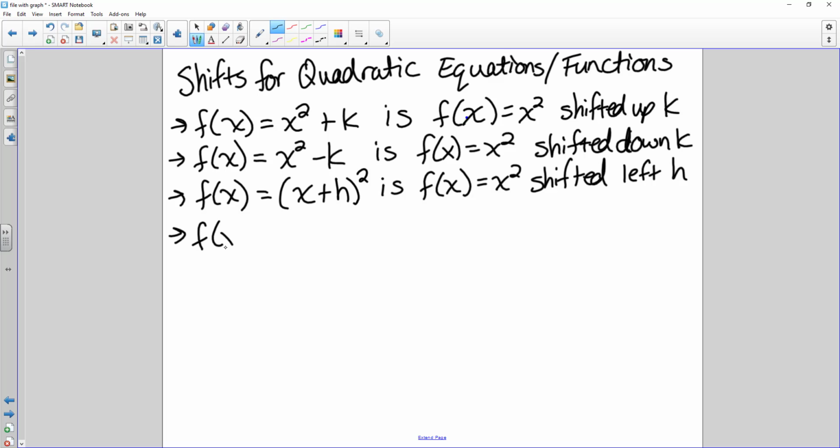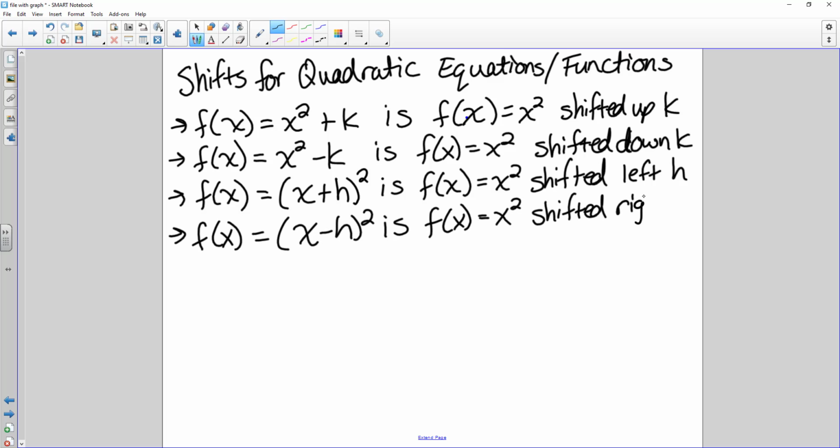And then last, f of x equals x minus h squared is f of x equals x squared shifted right h. So if it's a minus on the inside, I'm going to shift the whole graph to the right.